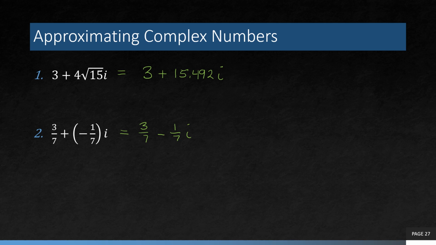So 3/7, that is approximately 4.429 minus 0.143 and then times i. That's all they want for that, and it's an approximation, so you can kind of get an idea of what those values are.